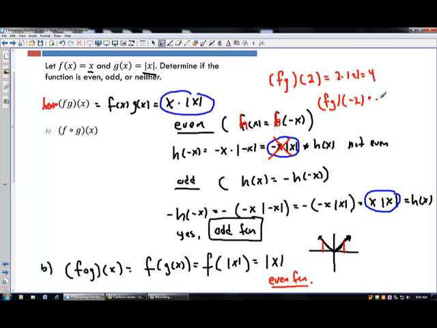And this is going to be -2 times the absolute value of -2, which is going to be equal to -4. So this immediately tells me that it's not even, and it tells me that possibly it is odd. You need to check all cases to determine if it's odd, but it definitely eliminates the case of whether it's going to be even or not, and it does lead to further proof that it is an odd function. So that was for part A.